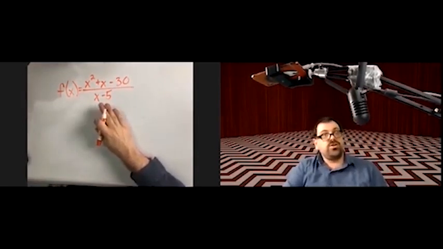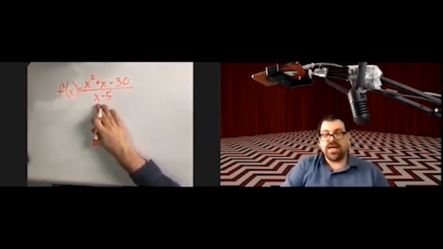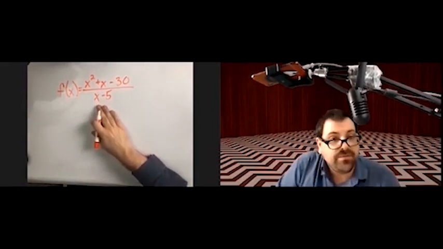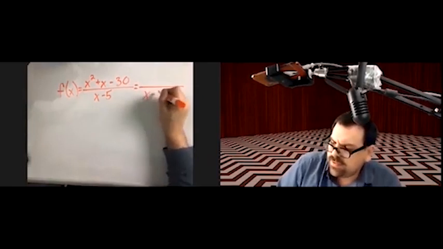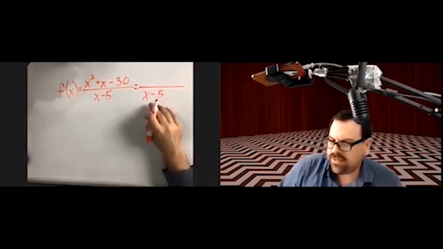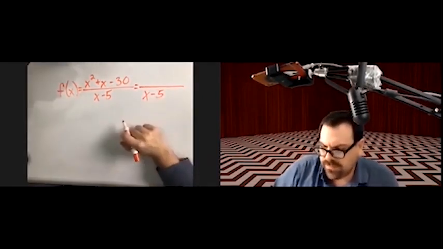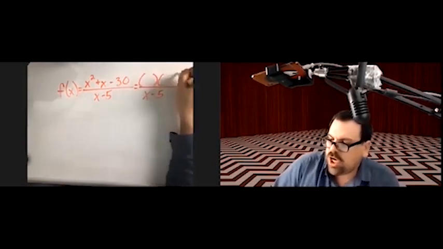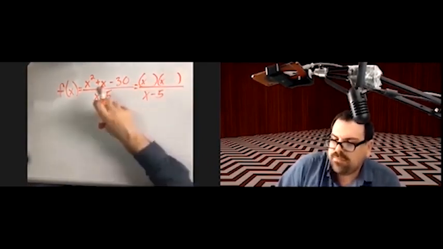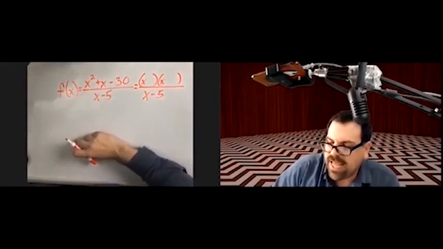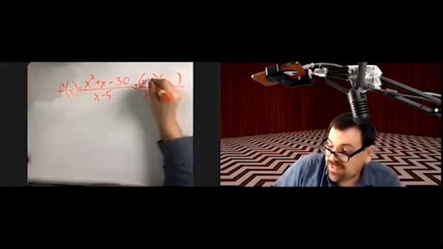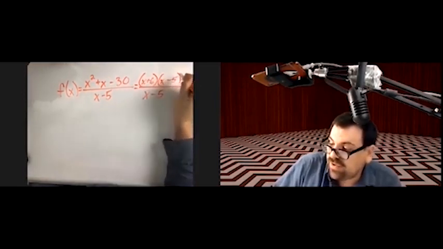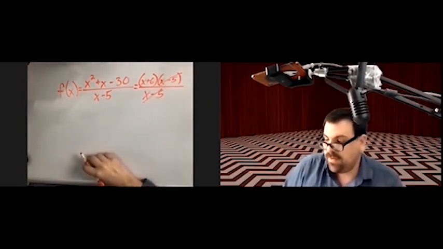Here's why I don't want you to jump and say vertical asymptote x equals 5. Because if we factored this, we would get x minus 5 on the bottom still. On top, the two numbers that multiply to negative 30 and add to positive 1 would be positive 6 and negative 5. And look what happens.